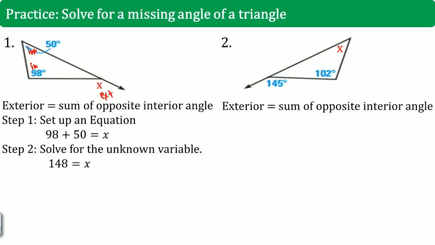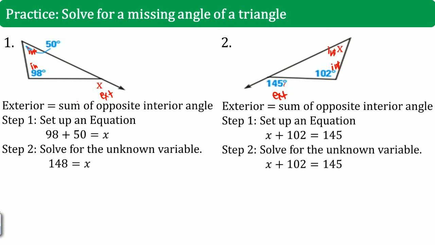What about number 2? You're still going to set up the same equation, but this time x plus 102 is equal to 145, because again, the 145 is the exterior angle, the 102 is your interior, and your x is also an interior. Now you can solve for x.